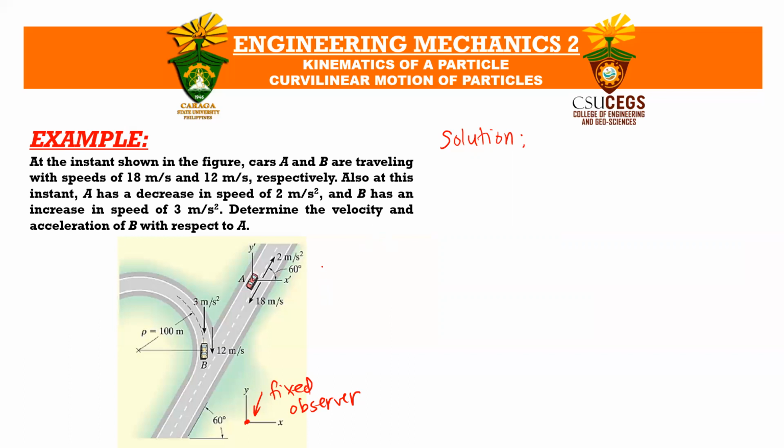And the same as what I explained on the previous lectures about the introduction on the relative motion of two particles using translating axis, your car A will have the translating reference frame that is attached to or moves with the car A. So from that, this car A will be considered as your translating observer.